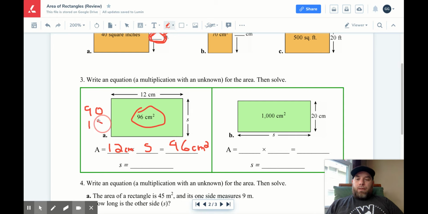Okay, well, I'm going to stop right here. I already know that if I add these together, I'm going to have way more than 96. So S is not going to be 9. So I'm going to go one number less than 9, and I'm going to try 8.